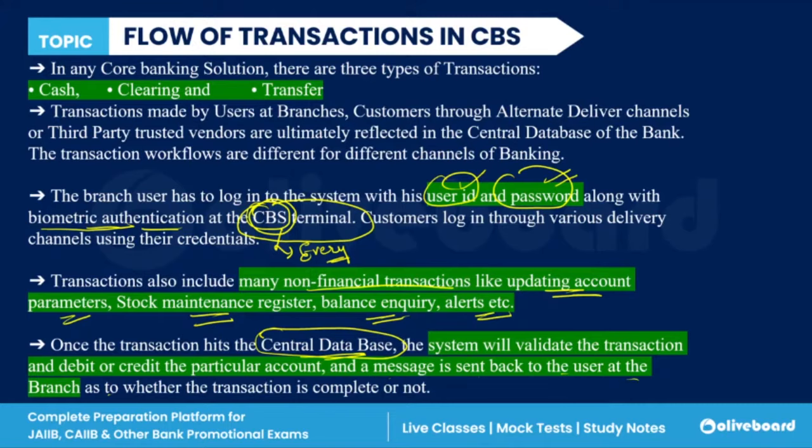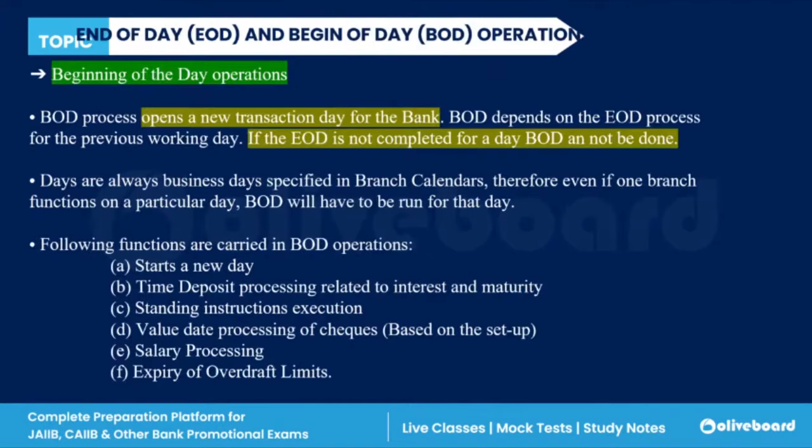So once any transaction is done in the central database, the system first of all validates and accepts the transaction and then debits or credits the particular account. Then a message is sent back to the user branches as to whether the transaction is completed or not completed. So this is the flow of transactions in the core banking solution.